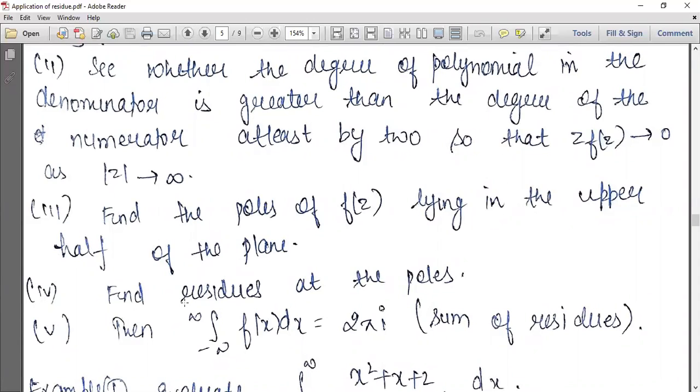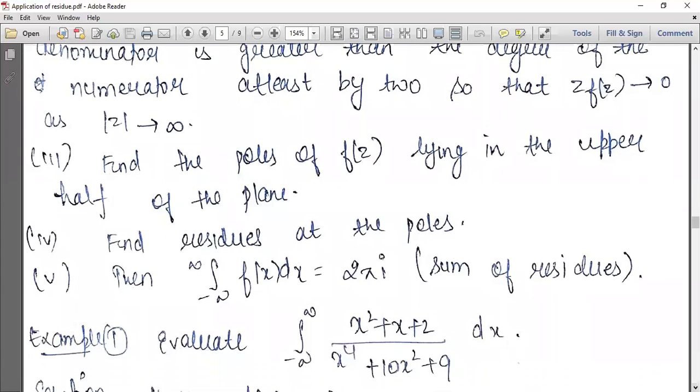And obviously, I will calculate the residues of those points only which lie inside my contour. If the point is outside my contour, then we will not calculate the residue at those particular points. And then my integral value will be 2 pi iota into the sum of residues, again using Cauchy's theorem.